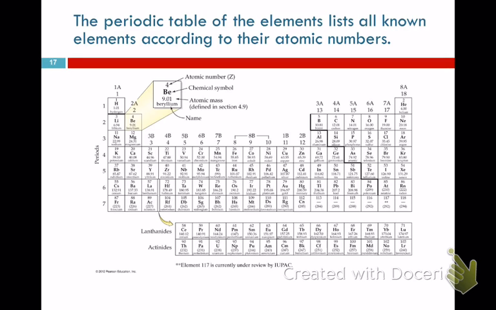How many atomic mass units is a proton? 1. There's 4 of them in there, right? So the average beryllium atom has 9 total mass, so it must have around 5 neutrons floating around in its nucleus. That's the average, not each one, but an average of them.